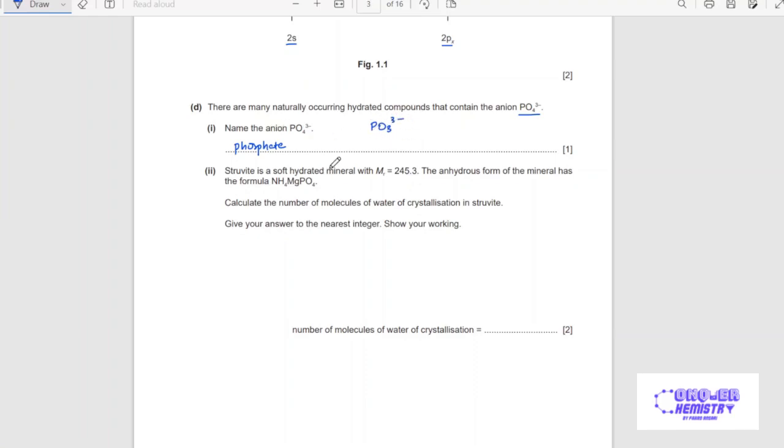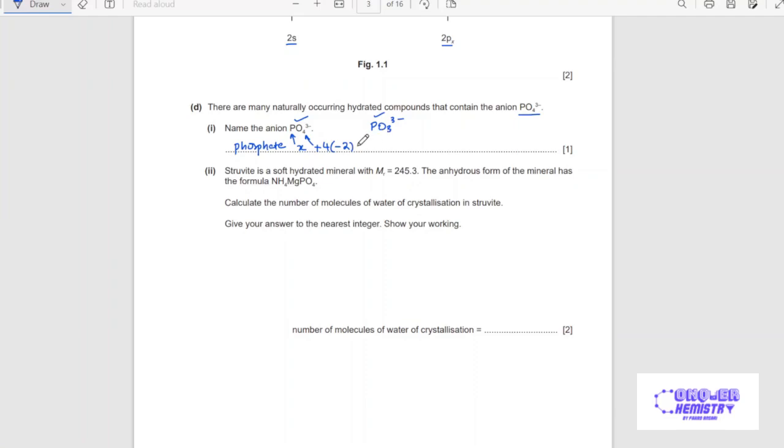Now, how do you differentiate between these 2 ions? Well, you could say that this over here is phosphate and this over here is phosphite. But if we're going to use the word phosphate, a better strategy is to indicate the oxidation number of the phosphorus in this ion. In order to calculate the oxidation number, phosphorus will be kept as X. Oxygen, we have 4 of them, so plus 4 times -2, because oxygen is more electronegative.